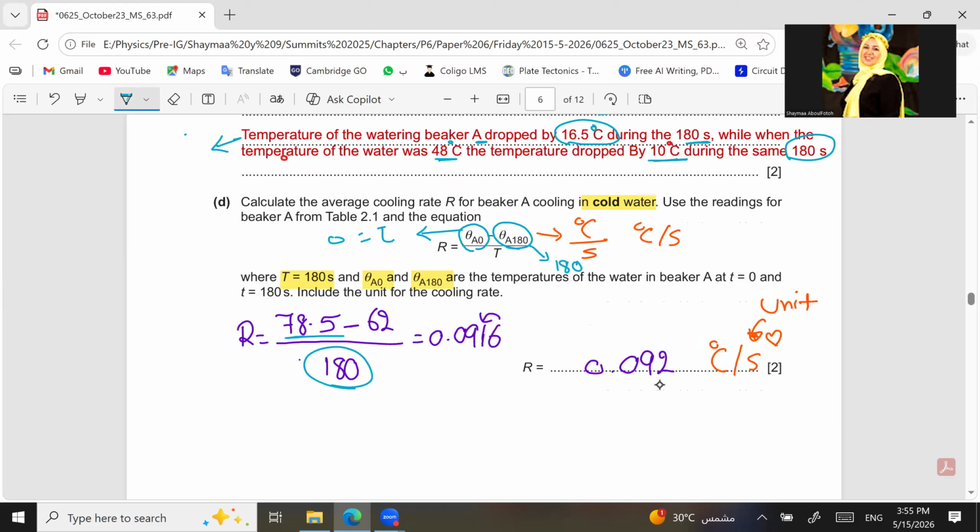If I need two significant figures, it will be 0.092. What about the unit? I said if I'm talking about the temperature, we have temperature at the top and then time at the bottom: temperature in degrees Celsius divided by time in seconds. So the unit will be degrees Celsius per second.